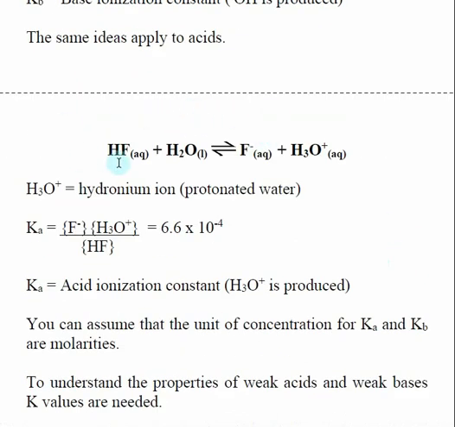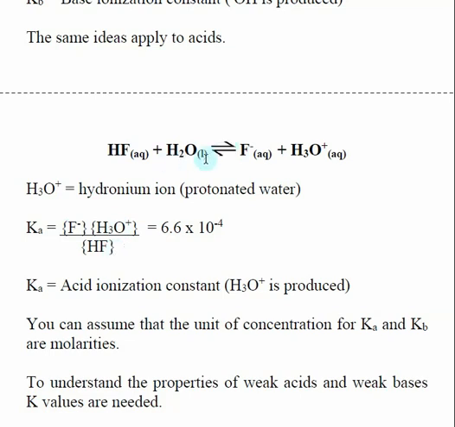So the same basic idea applies to acids as well. When we see hydrofluoric acid reacting with water to produce F- and hydronium, we need to consider the fact that the reverse reaction is also occurring. So even when we have an acid, we now need to understand that there's an equilibrium involved. So it's still products divided by reactants, so F- times hydronium divided by HF.